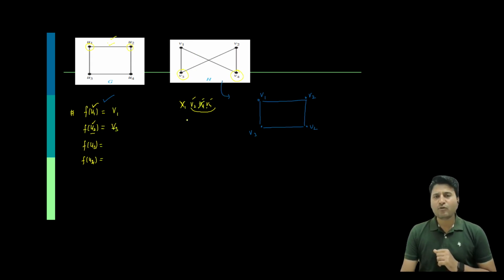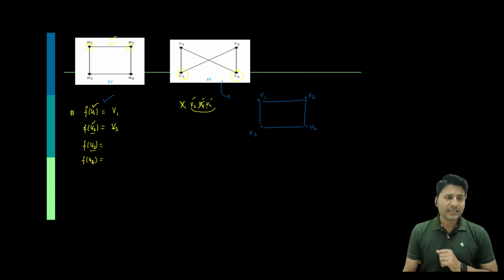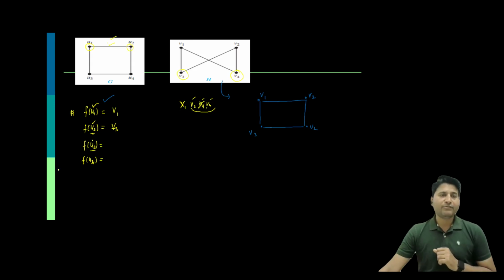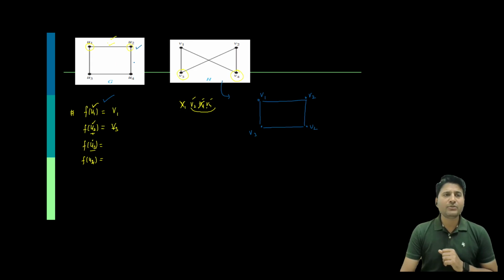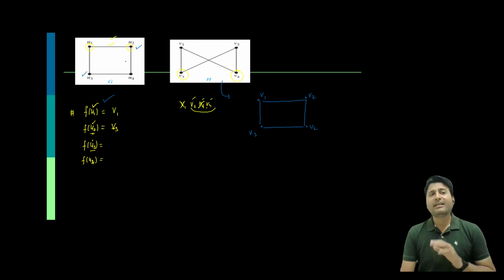Now talking about U3, in the first graph you will see U2 and U3 are not adjacent. This is your U2, this is your U3, they are non-adjacent, they are not connected directly.